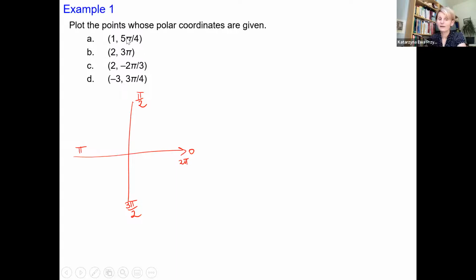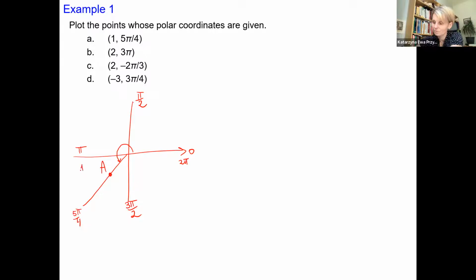Okay, where is the angle 5 pi over 4? Oh, we had this one. I think 45 is a good angle. 5 pi over 4 goes to the third quadrant. Yes, this will be the third quadrant. That means this is the angle, and distance 1, let's pretend that this is distance 1. Okay, and this one is 5 pi over 4.